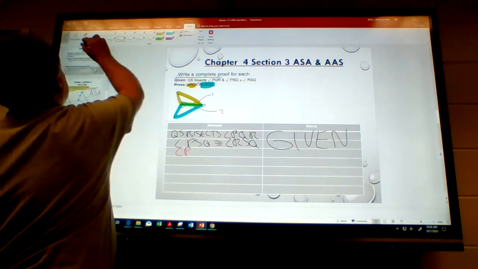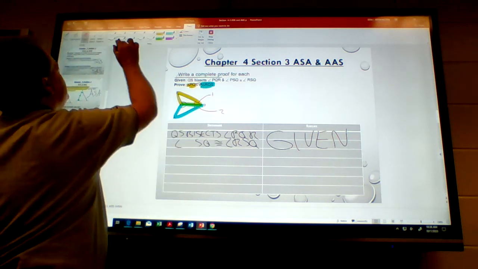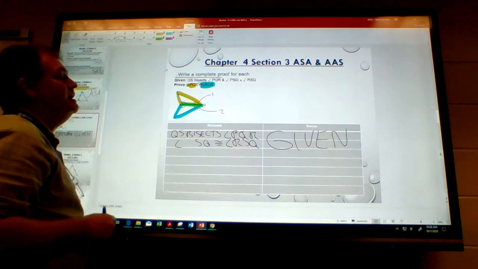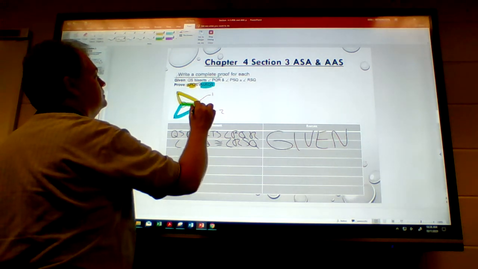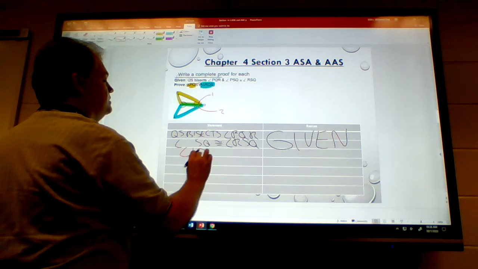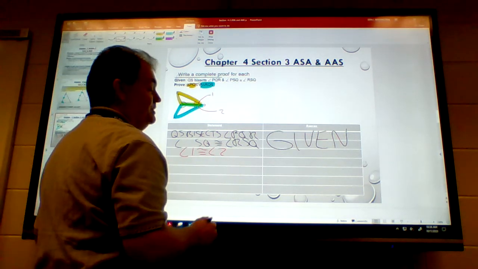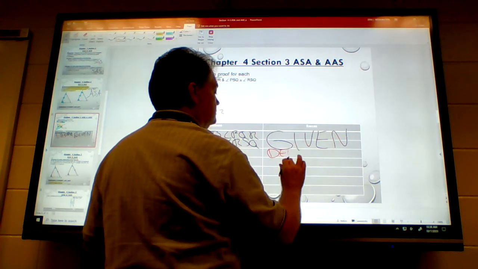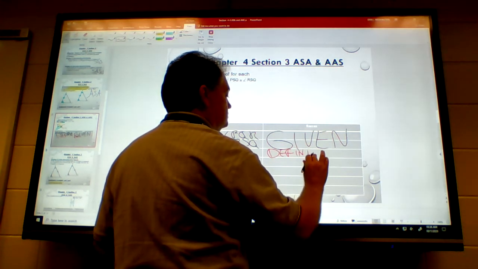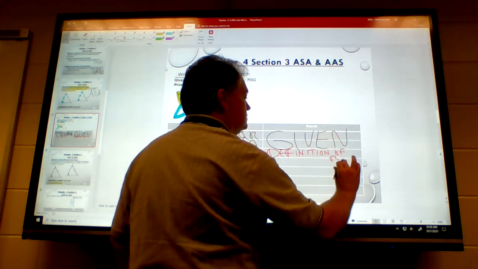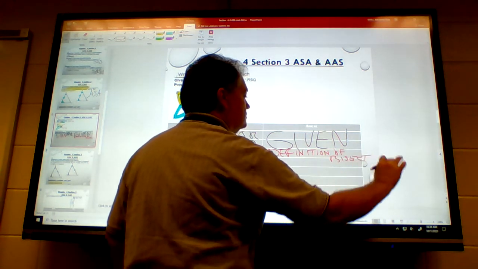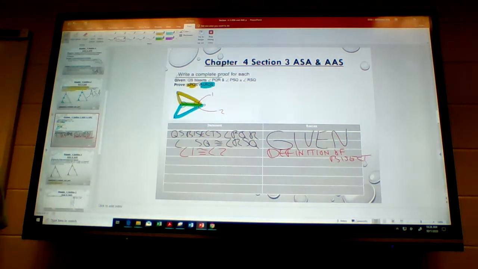I can do that, by the way, as long as you label it in the diagram, you're good. So angle 1 is congruent to angle 2, and that is by definition of bisect.